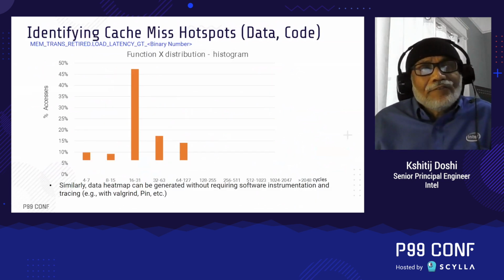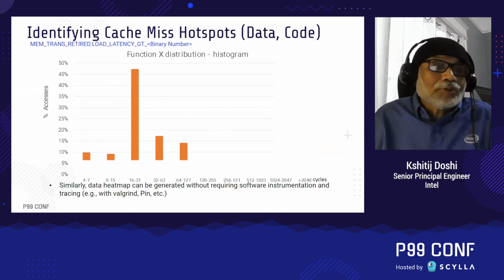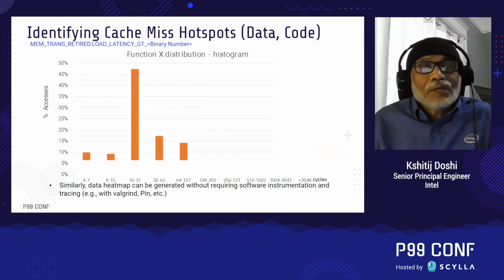Another capability in the same vein that folks may be aware of or not aware of is the ability to identify various kinds of data hotspots in addition to the code hotspots or code path hotspots that we just walked through.